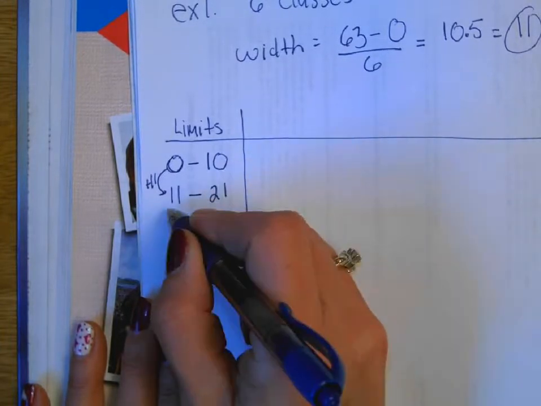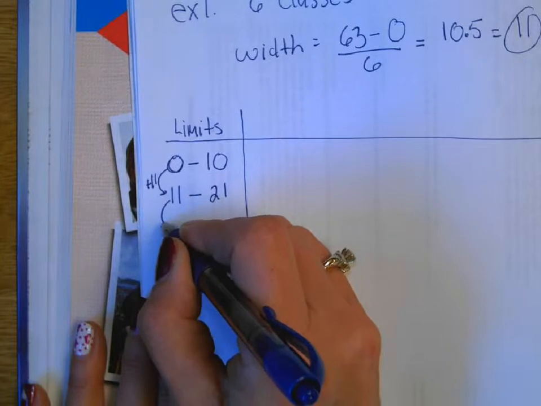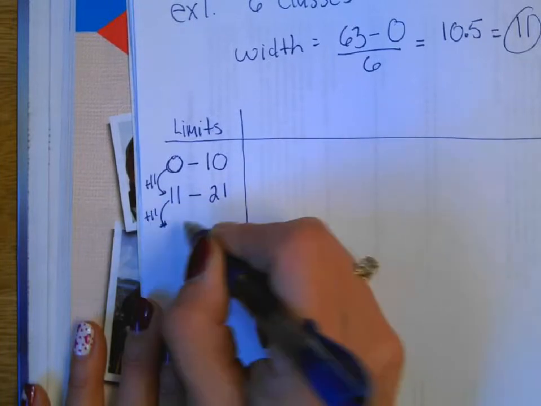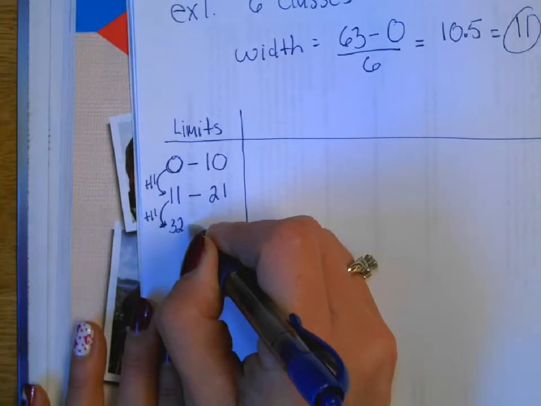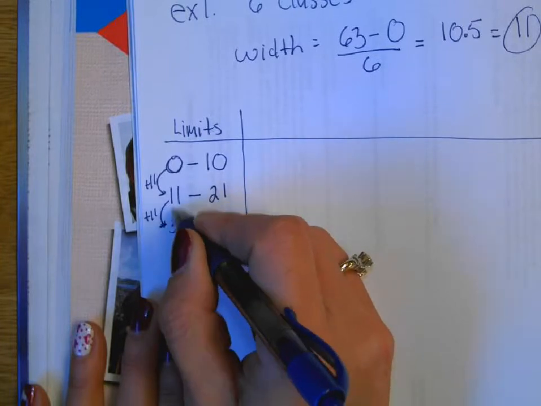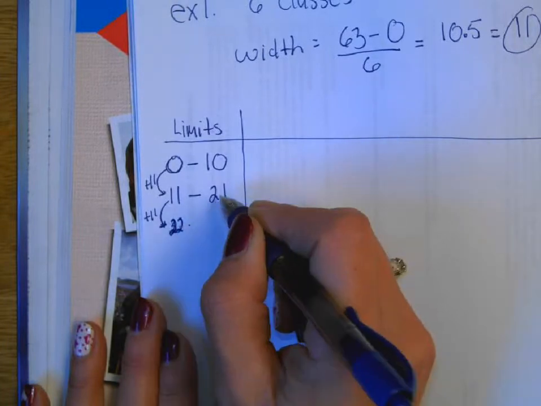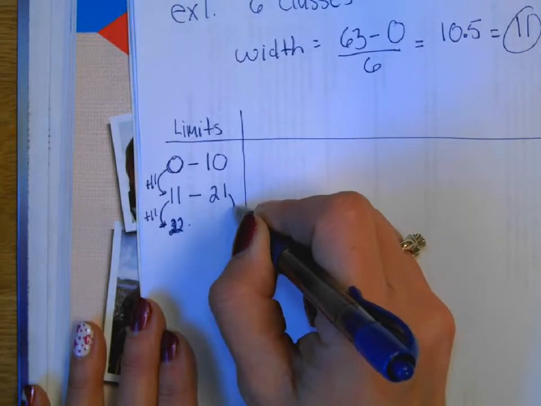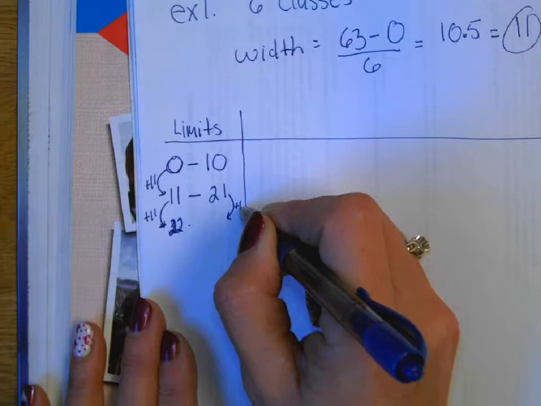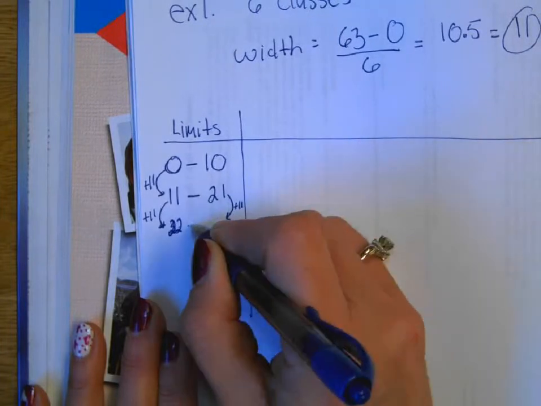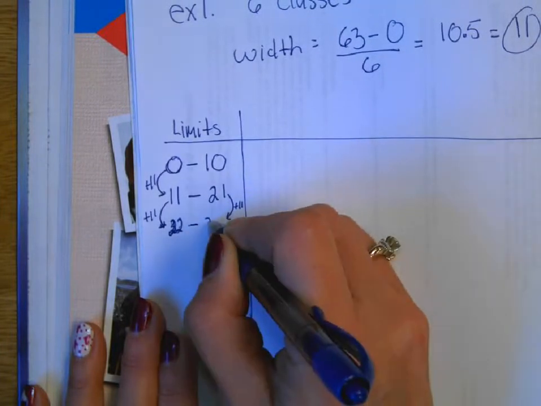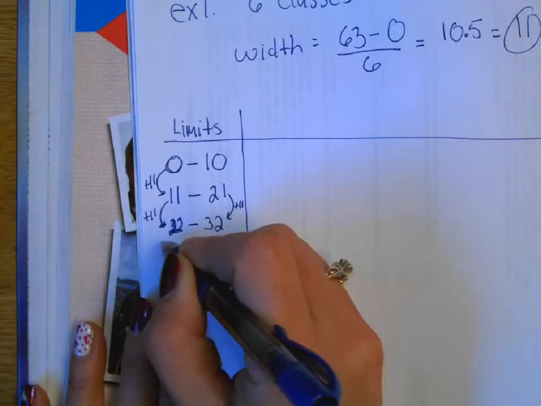The next one's going to start at 22, so if I add 11 here, 22, which means that one would have ended at 21. I can add 11 here. It's going to be 33, and we just keep going.